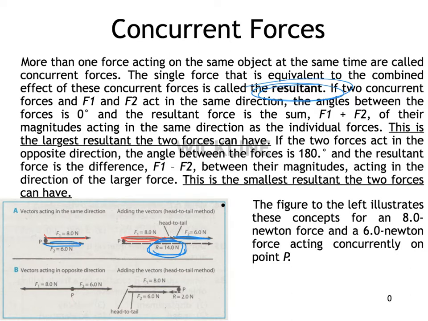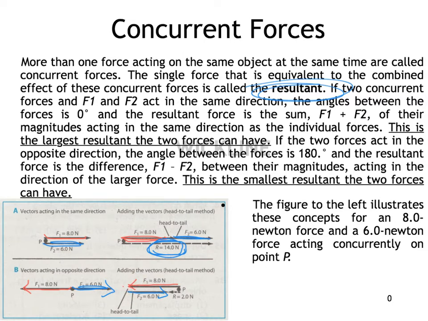And then this is sort of the same idea, but now they're in opposite directions, but they're still in the same line. And I'm just saying, you have an 8 Newton force to the left, and here it is as well in red. And we also have a 6 Newton force to the right, and there it is as well. So one of the things I did, I don't want you to miss it, is that here's the head of one vector, and here's the tail of the other.